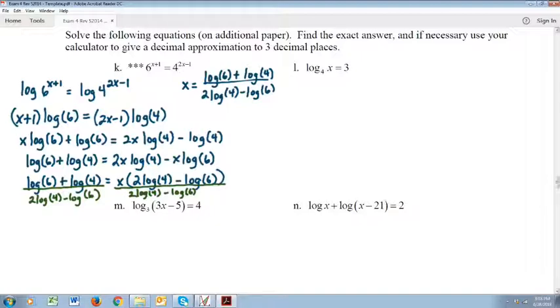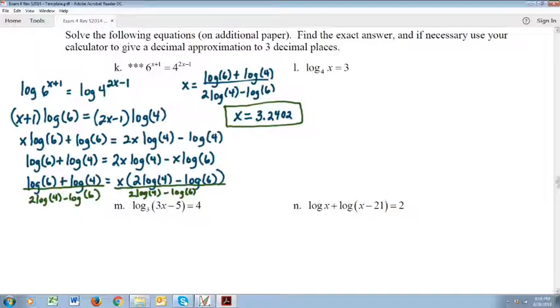Be careful when you put that in your calculator. You'd want to press enter after you put the numerator in, and put your denominator in parentheses. And if you do that correctly, you should get 3.2402. So again, that's a more challenging problem than any of the ones we did in class.